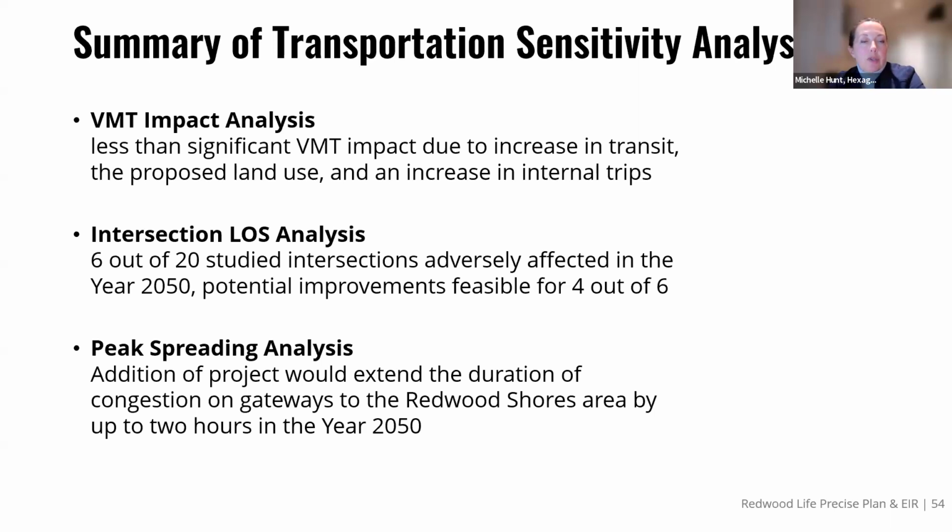The intersection level of service analysis found that 6 of the 20 studied intersections would be adversely affected by the project in the year 2050. And we found improvements were feasible to address those adverse effects at 4 of the 6 intersections. And the peak spreading analysis showed that the project would extend the duration of congestion on the gateways leading to and from Redwood Shores area by 1 or 2 hours in the year 2050. Next slide.